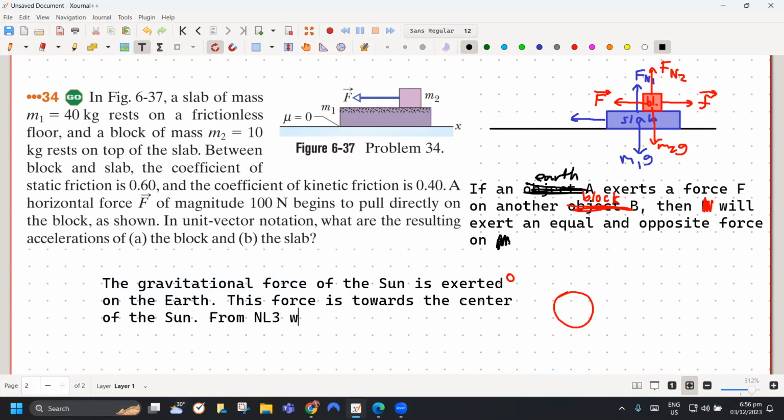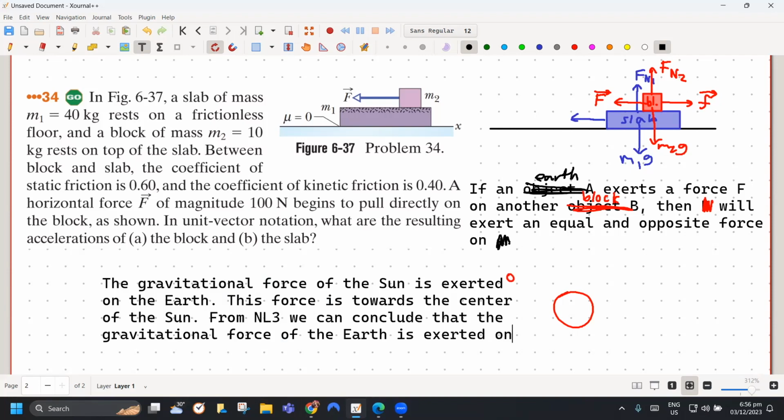The gravitational force of the earth is exerted on the sun, tapos in what direction?